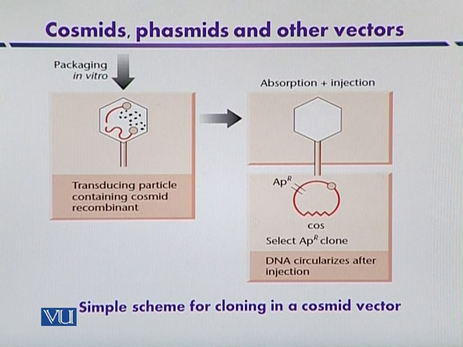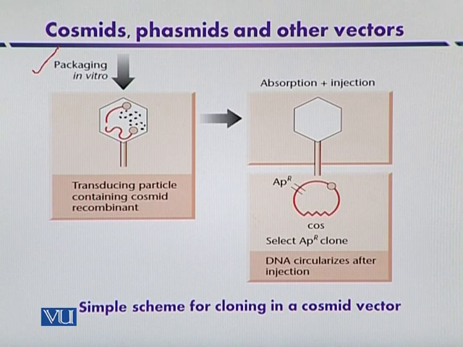Next, when foreign DNA is inserted into the Cosmid vector, this recombinant Cosmid vector, in the presence of the in vitro packaging system, can be enclosed within the phage head. Now this is ready to infect a suitable host organism.